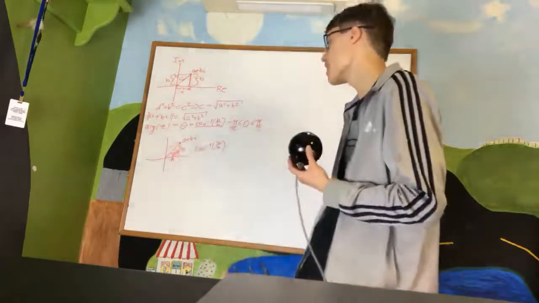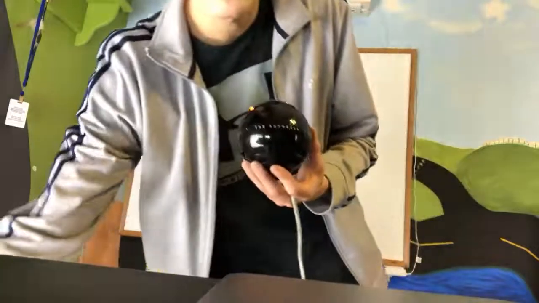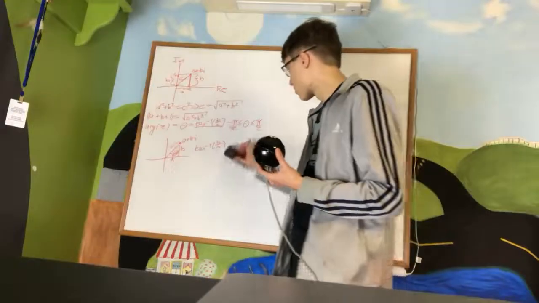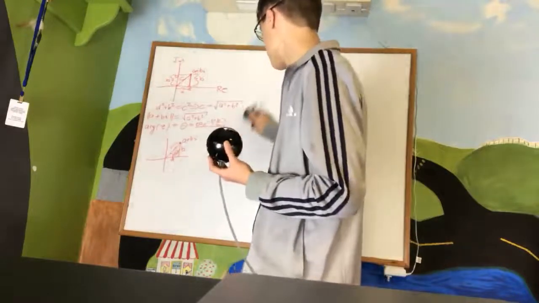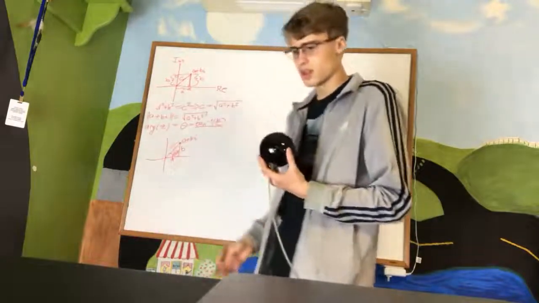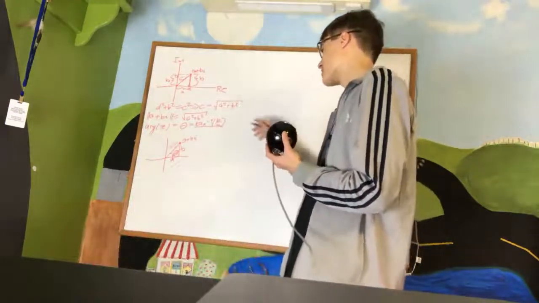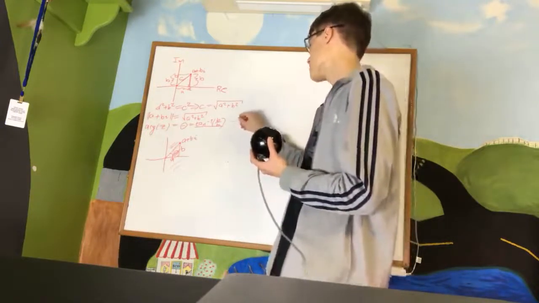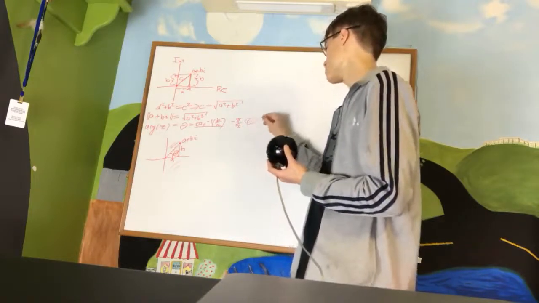Because if both of them are negative, then it goes back to the positive. Oh yeah, I reached this problem before. I'll go ahead and explain that right now. So tangent inverse restricts this theta to be between negative pi over 2 and pi over 2.